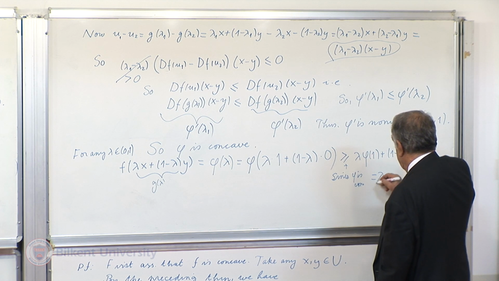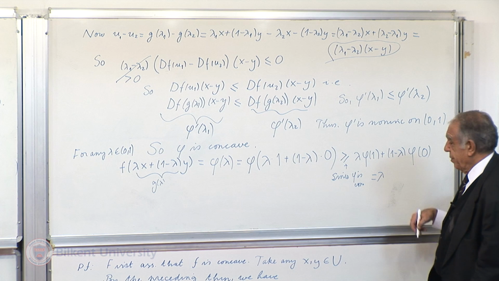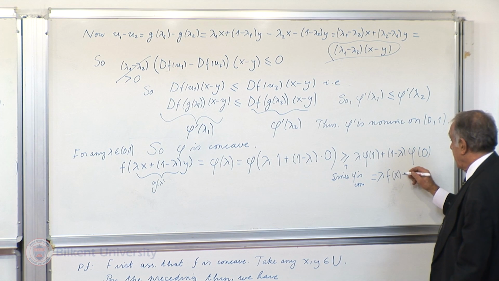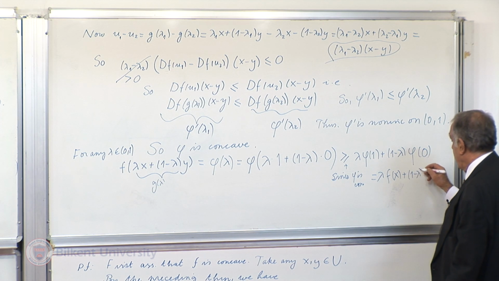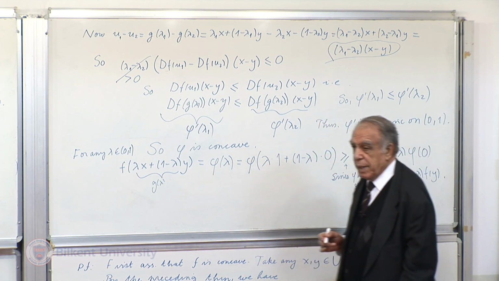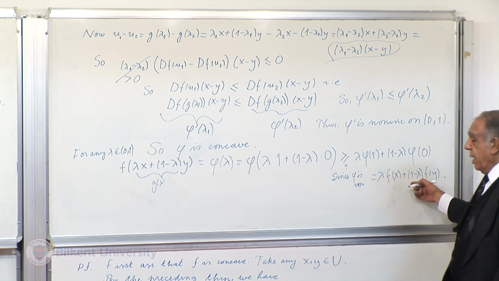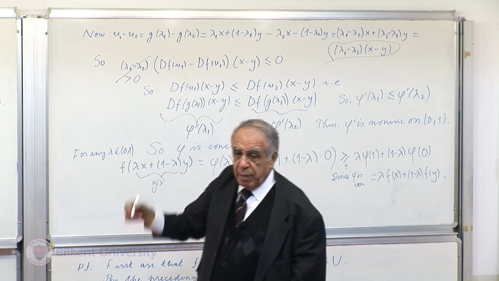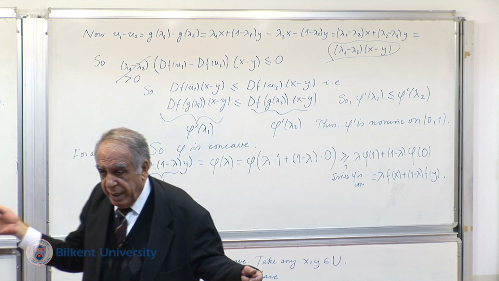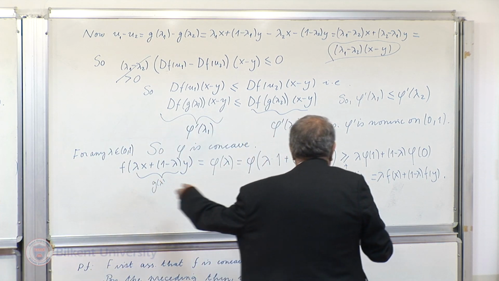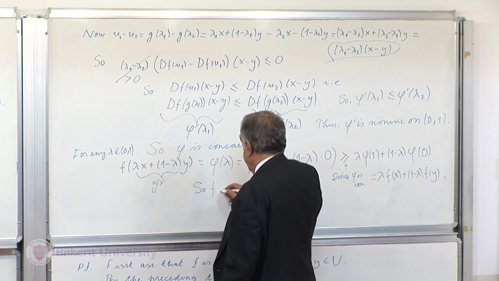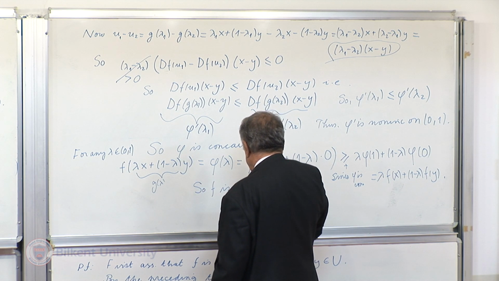But this is lambda f of x plus 1 minus lambda f of y. Thus, f of lambda x plus 1 minus lambda y is larger than or equal to this. Well, we kept x and y fixed, but they were arbitrary. If x is equal to y, this holds anyway. So, f is concave.